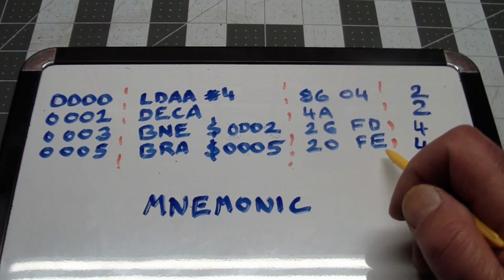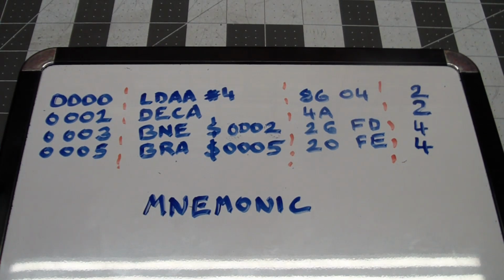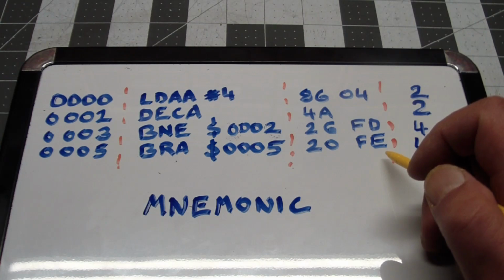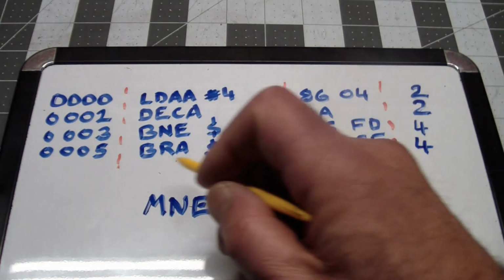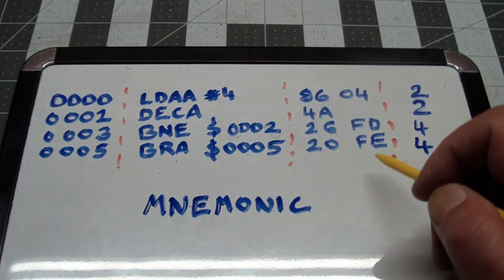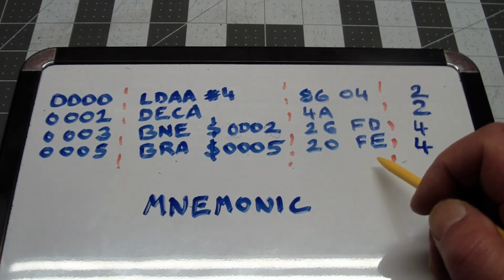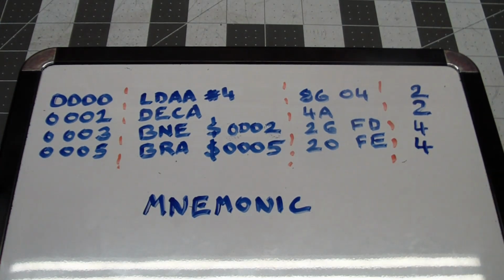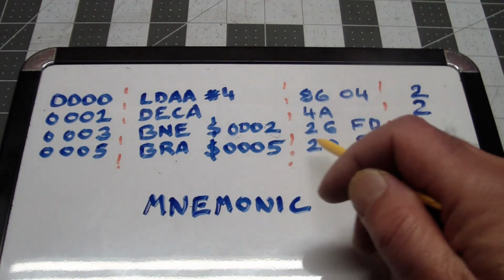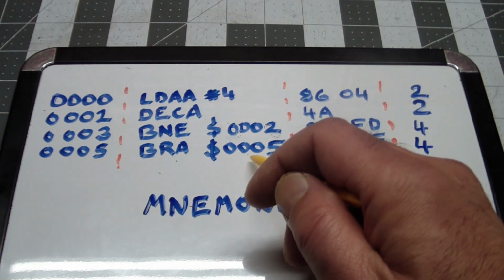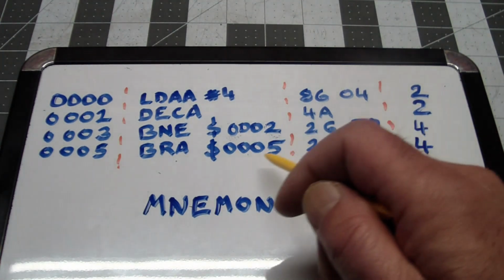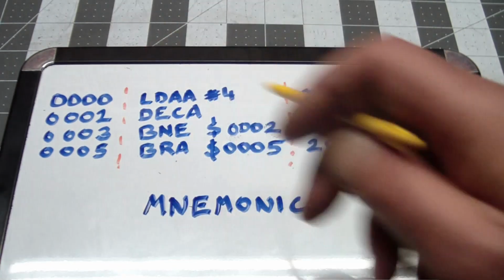I didn't explain it last time, and I won't explain it here, because the only time you really need to know how 2's complement works is if you're hand assembling stuff, such as I have done here. In most circumstances, you'll be using an assembler, and one of the big conveniences of an assembler is that it will calculate what the 2's complement number is to use to perform the branch.